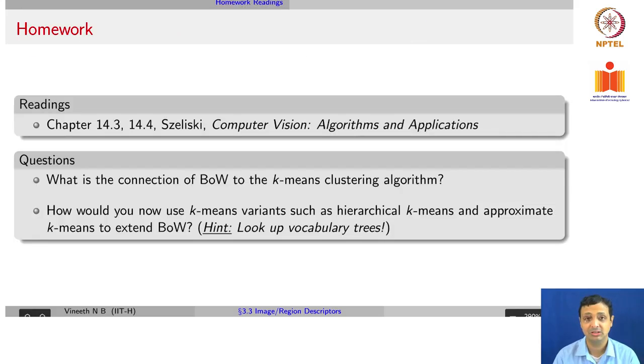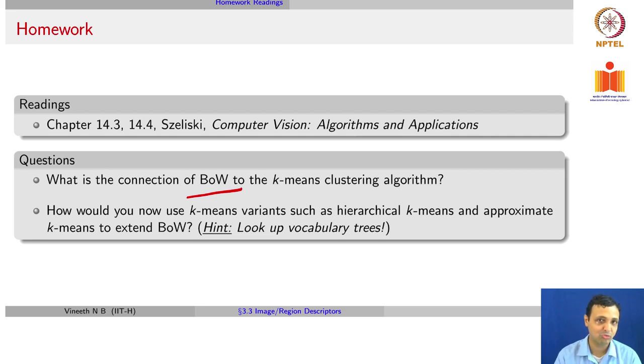To conclude this lecture, please read chapters 14.3 and 14.4 of Szeliski's book. And something for you to think about at the end of this lecture is, how is bag of words connected to the k-means clustering algorithm? We already spoke about it briefly during the lecture, but think about it and answer this more carefully.